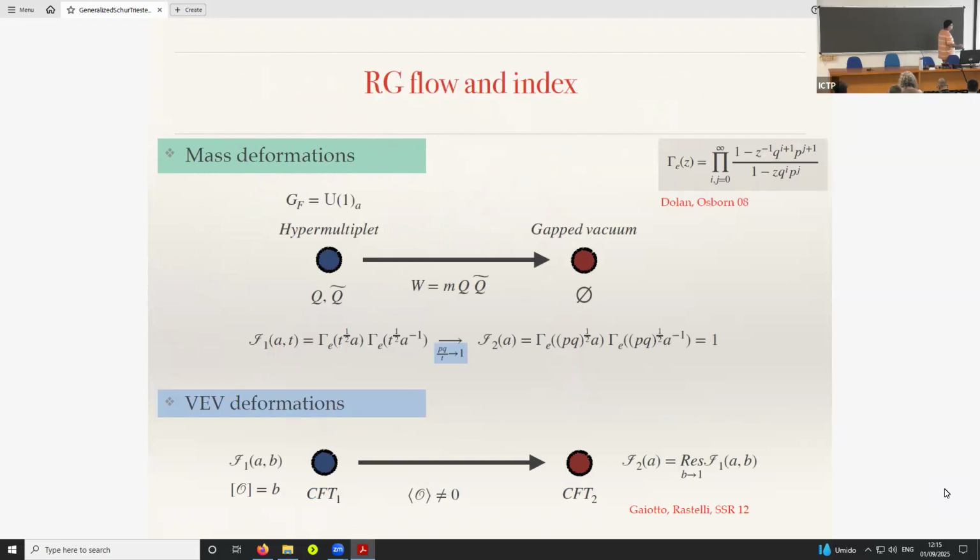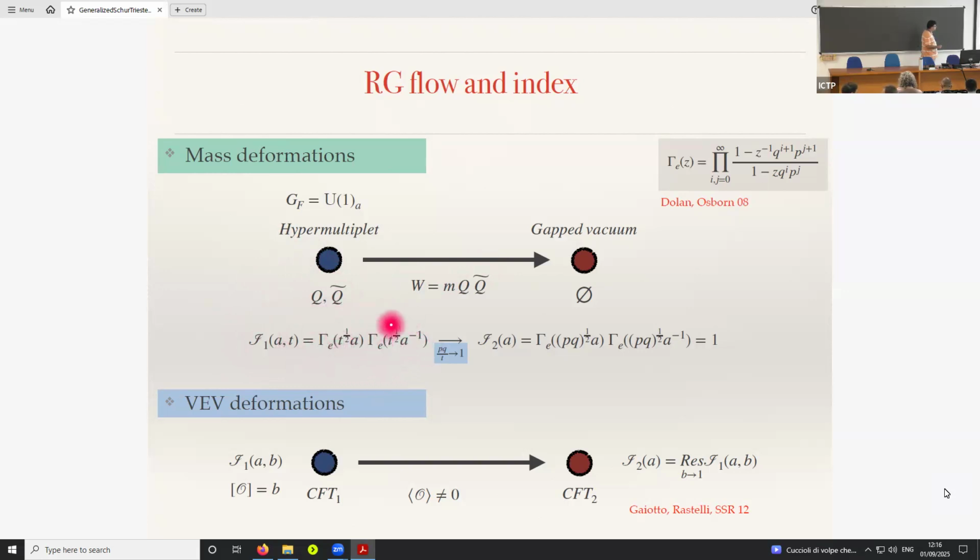So let me give you an example, again a trivial example, which will be important for us, of how this supersymmetric index behaves under renormalization group flows. The most trivial theory that we can consider is a free theory. So let's take an N=2 theory which is free, a free hypermultiplet. Q and Q tilde are half hypermultiplets, two chiral superfields, and the superconformal index that we can compute for this theory takes a simple form.